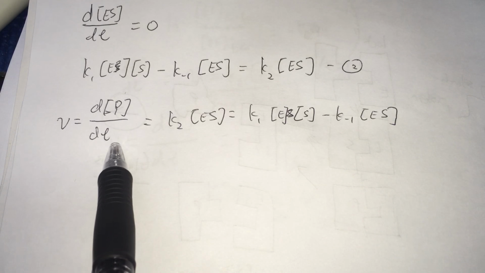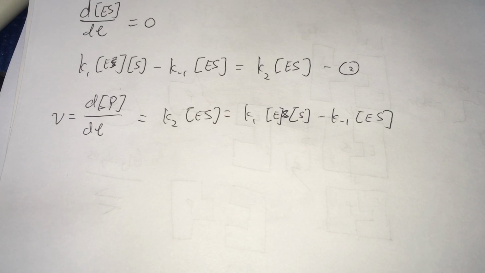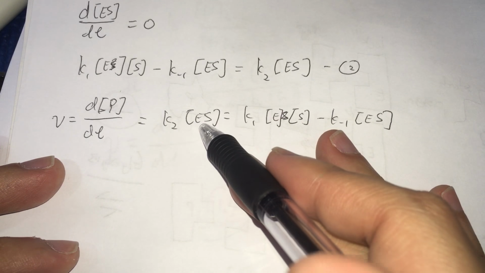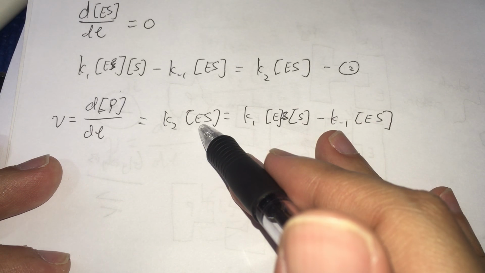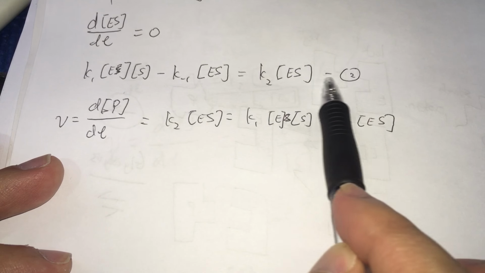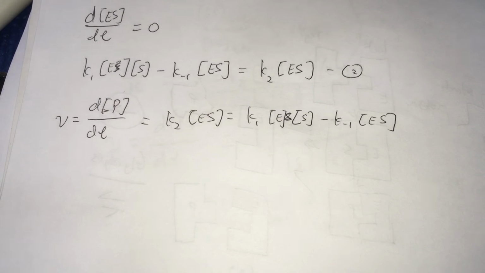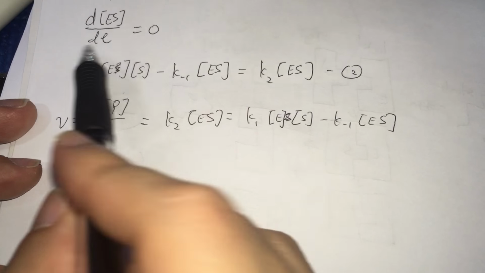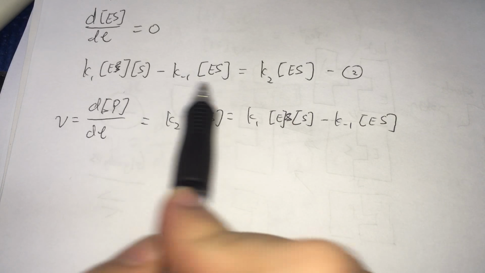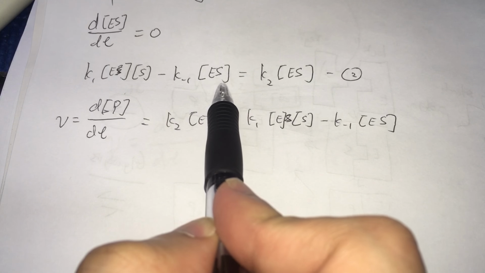When you have V, which is the rate of production of your desired product, it equals K2 times ES as usual. But what is K2 times ES? Well, under the condition that the concentration of ES is constant with respect to time, so d[ES]/dt equals 0, that means the rate of consumption equals the rate of production of ES.